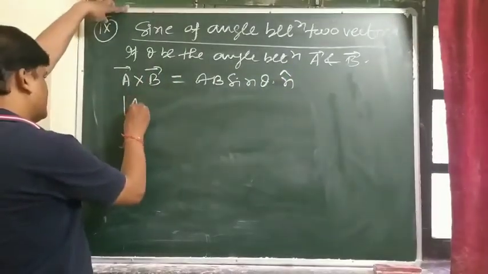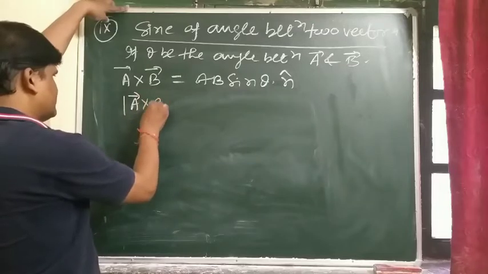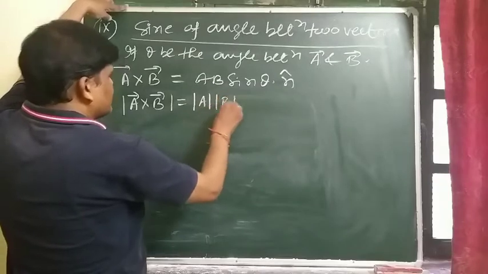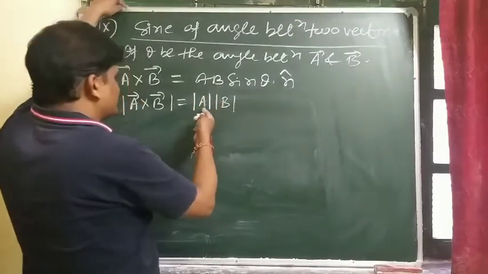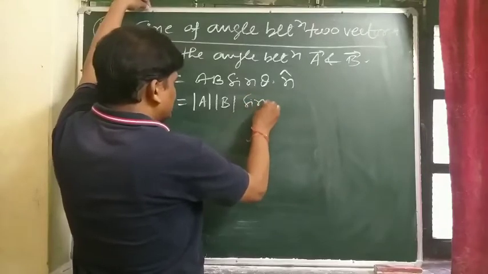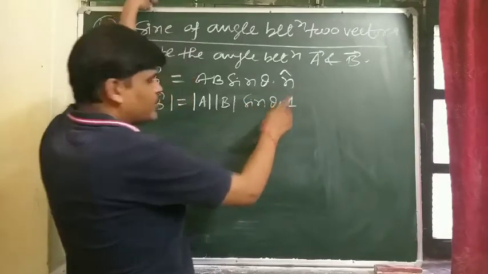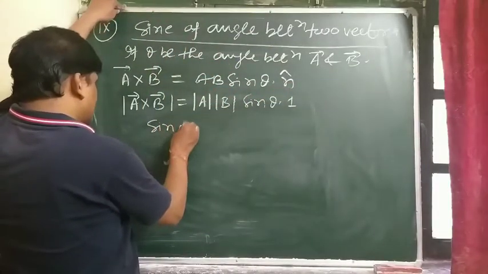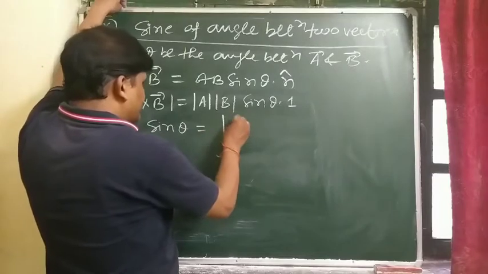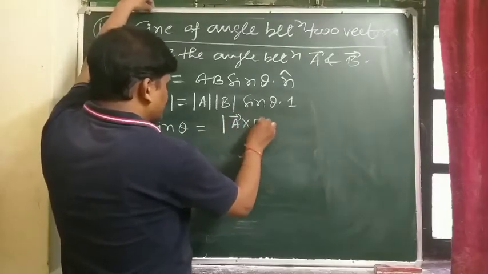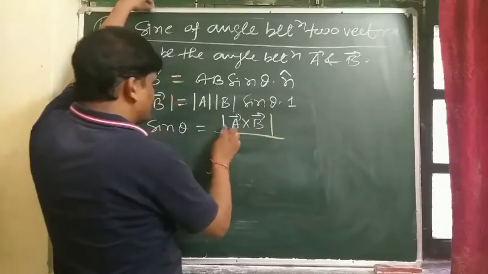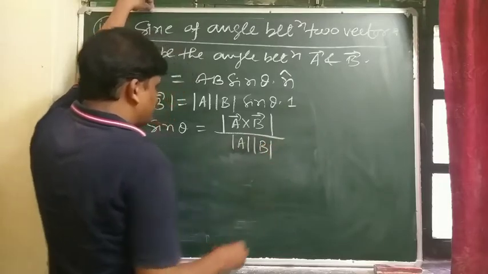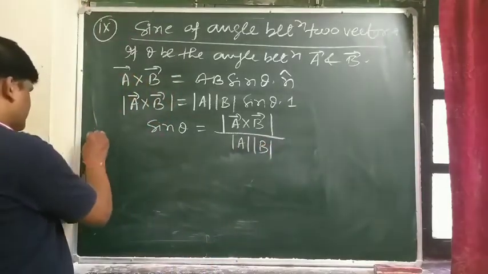If you take the mod of vector A cross vector B, this is mod A mod B sin theta, and the magnitude of the unit vector is 1. So sin theta can be obtained. So anywhere if you need to find sin theta, you will use this formula: mod of vector A cross vector B equals mod A mod B sin theta.